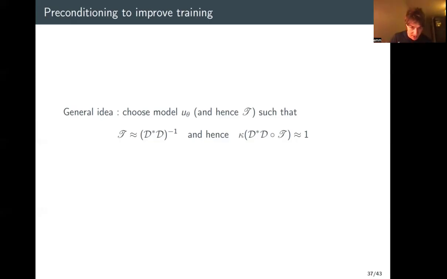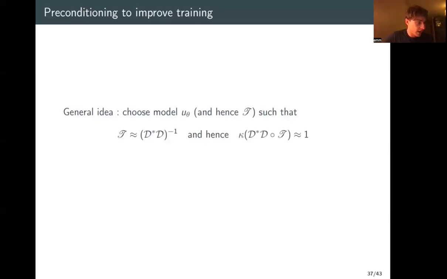And why would this be the case? Because then essentially we'd have a condition number of approximately 1, and this will in turn give us an optimal convergence rate for gradient descent. So this is where this idea of preconditioning comes from.